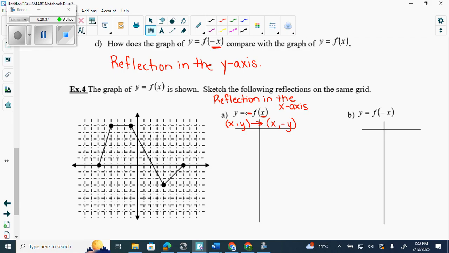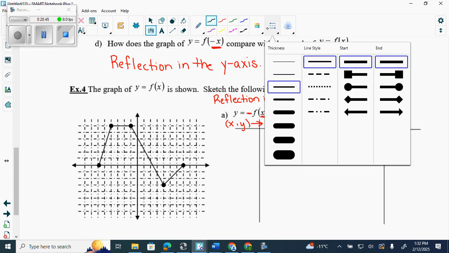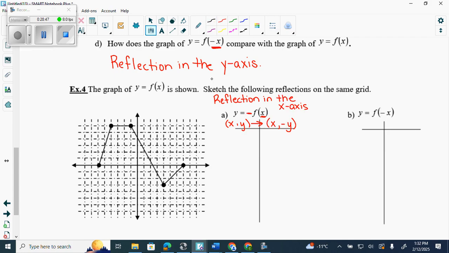So now I take point by point and find my new point and connect them. But I work my way sequentially so I don't connect the wrong points together. So I'm going to go 1, 2, 3, 4, 5, 6. That's negative 6, 0. It's going to become negative 6, 0.